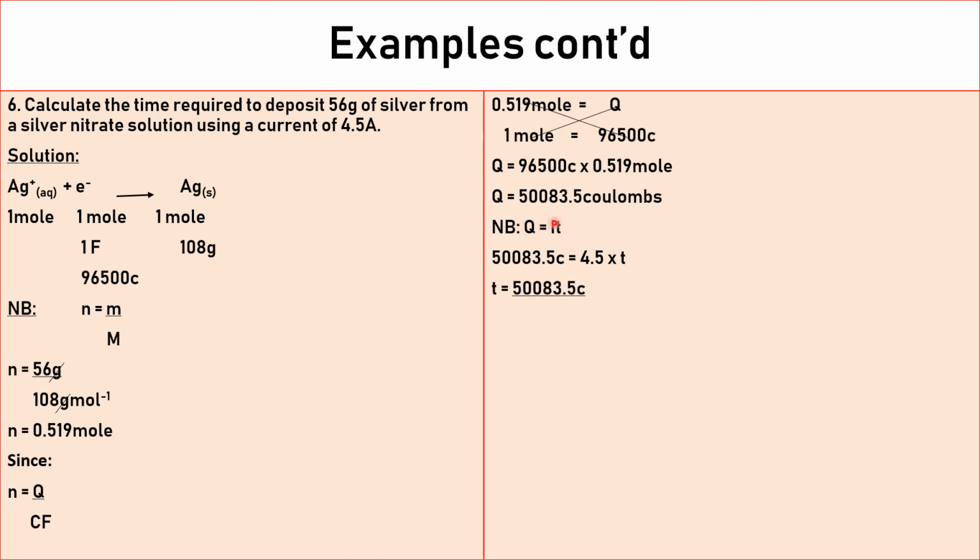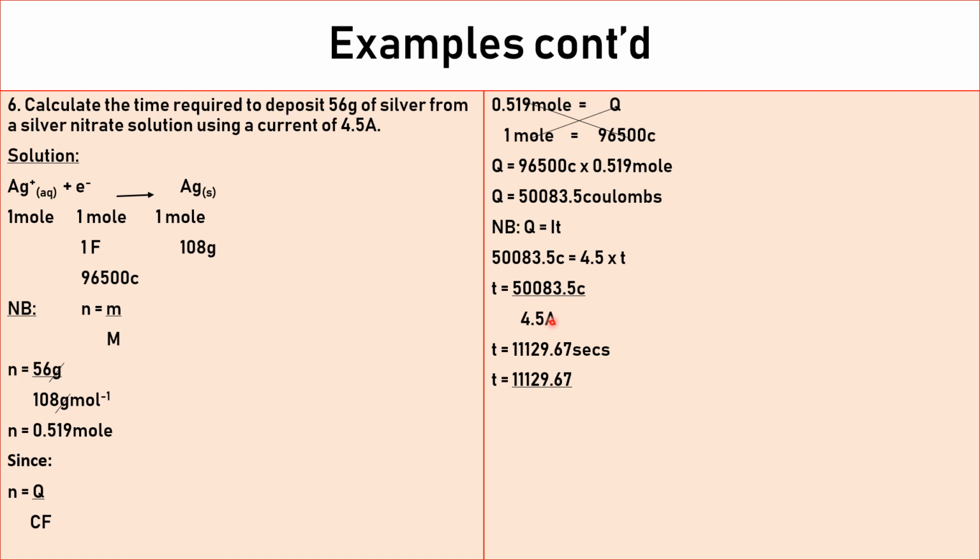Don't forget that Q is equal to IT, that we have seen many times. We've been able to get our Q to be 50,083.5 coulomb, and the current has been given in the question to be 4.5. So to get our time is not going to be difficult. Make time the subject of the formula, and you have 50,083.5 coulomb divided by 4.5 amperes.